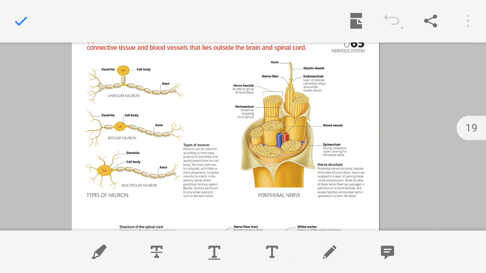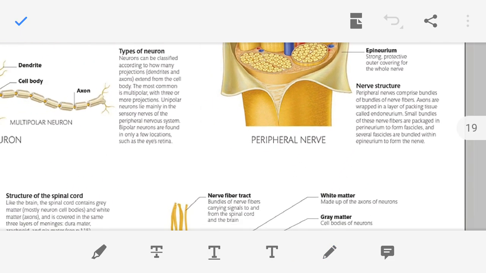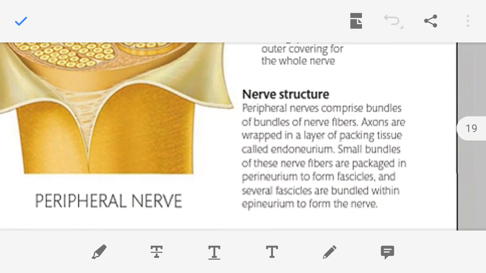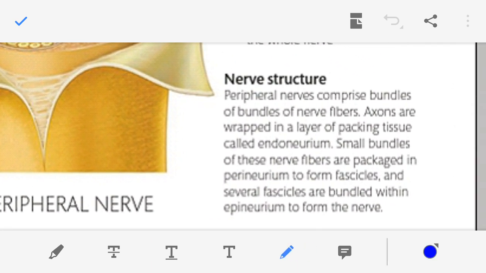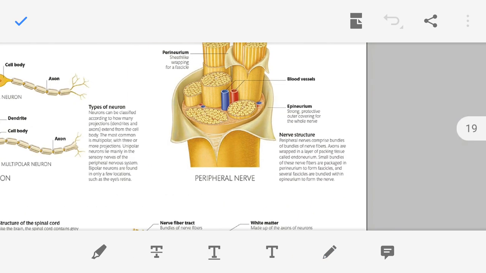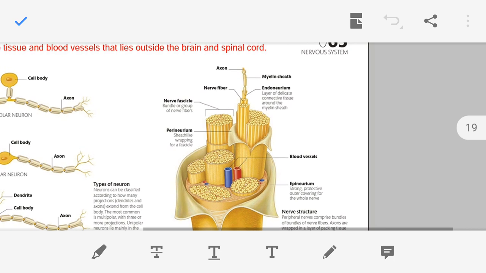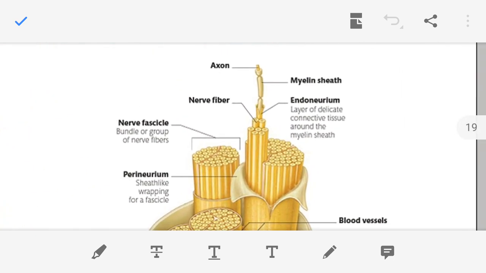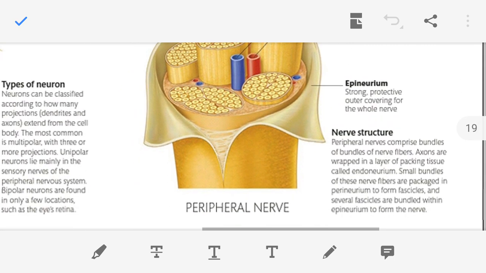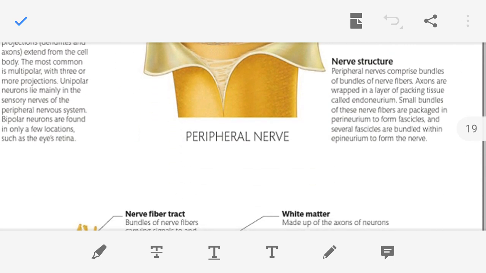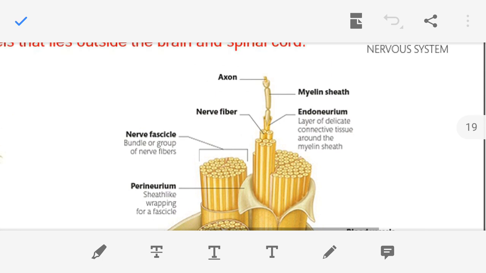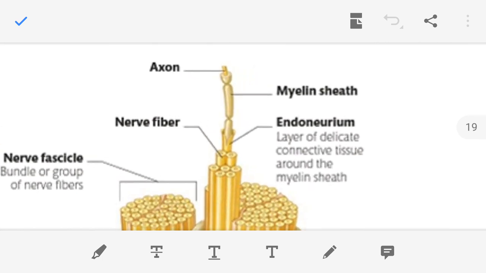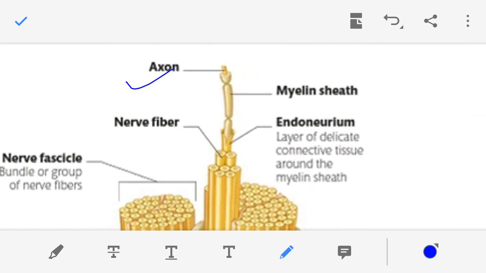So here in the figure the structure of nerve is shown. You see all the names. This is the peripheral nerve. See, this is the axon. One axon is shown.